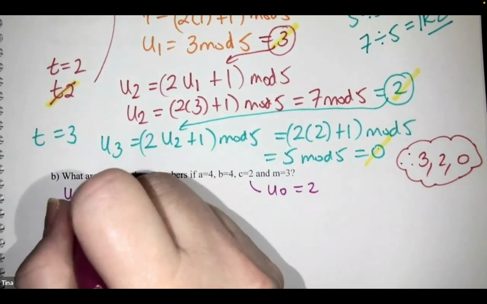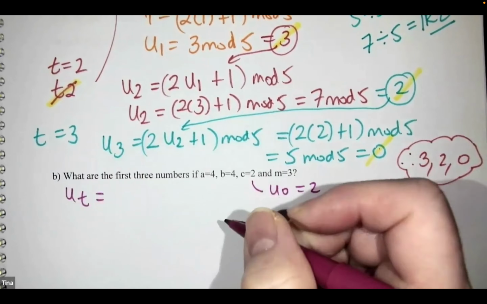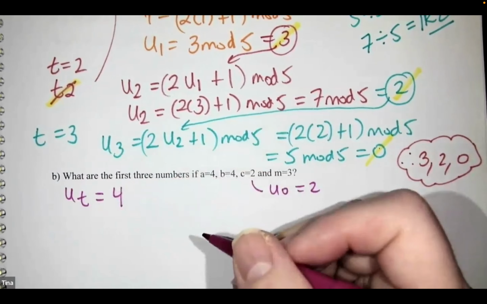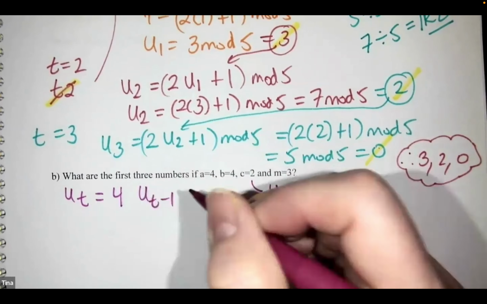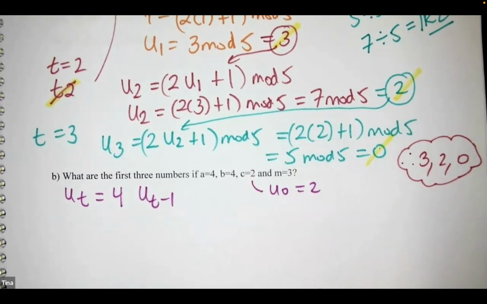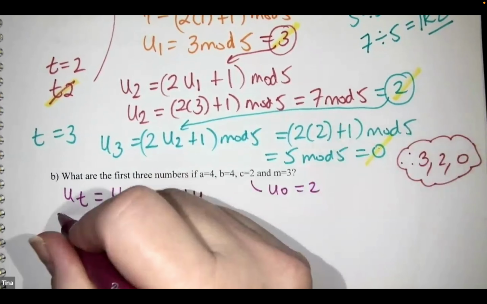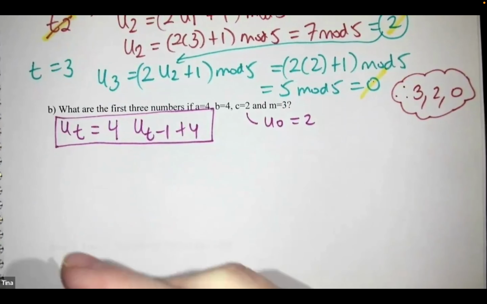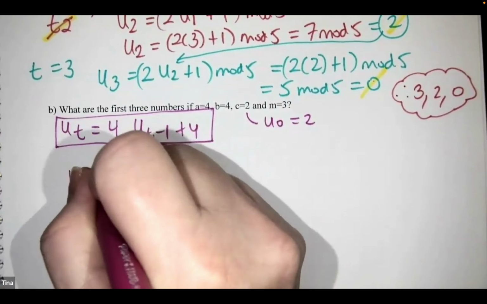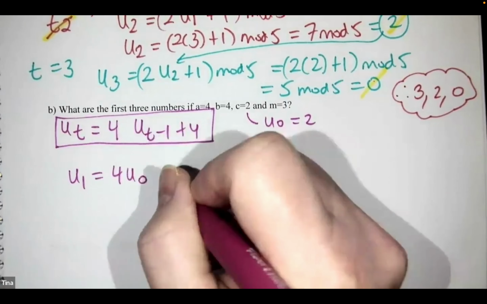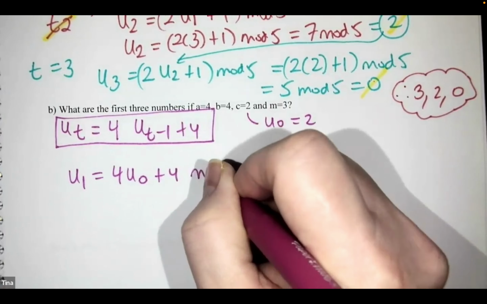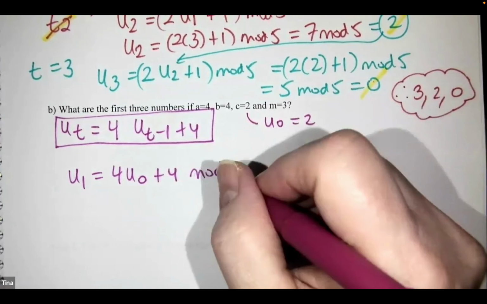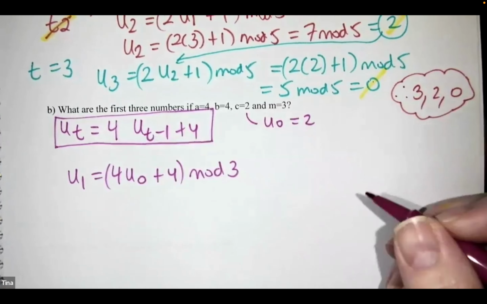So my formula would be U_t is A, so 4, U_(t-1), plus B, so plus 4. So if I put U0 in, so U1 would be 4 U0 plus 4. And then it's mod M, so mod 3.